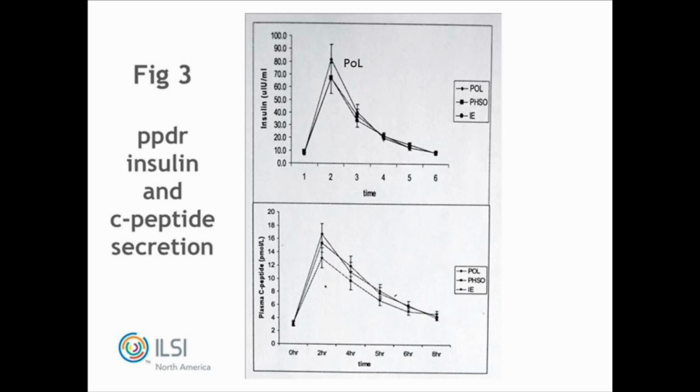So it's a nice marker of what's being secreted, and you can see that palmolene was secreted more readily than the other two, and you can see down here that the C-peptide again was highest with palmolene and lowest with the interesterified fat. So it looks like the insulin levels have something to do with the secretion rate of insulin. Again, it's not necessarily what you would think if you're getting resistant to insulin and having a pre-diabetes situation.